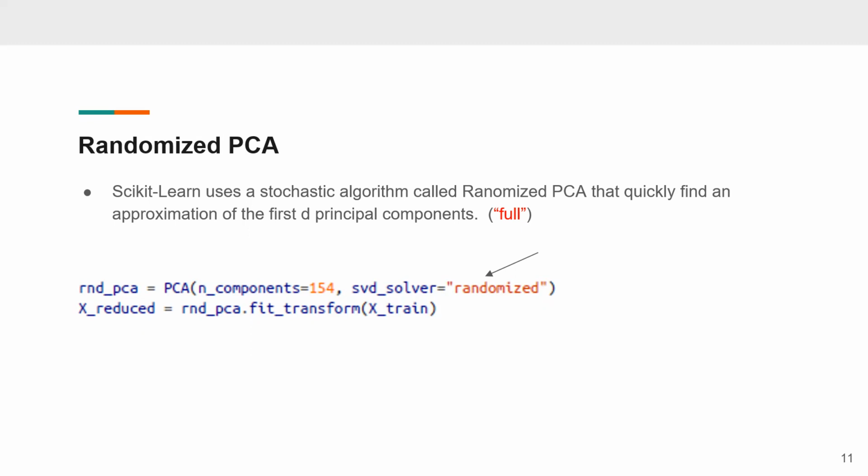By default, scikit-learn is already using randomized PCA, unless you really want the full PCA, in which case you change randomized to full. Majority of the time, I don't see why you would want to do that. You should just leverage the default settings for randomized PCA directly.